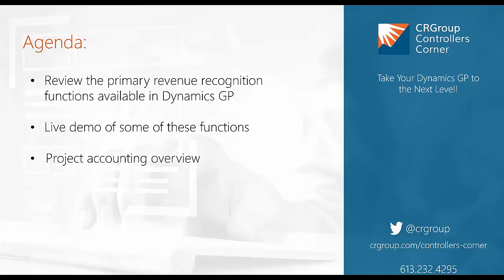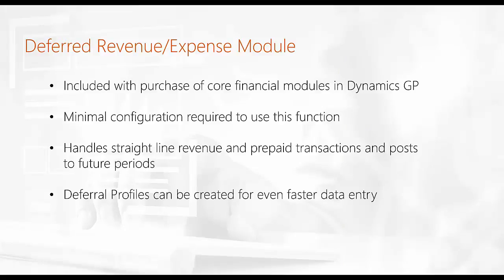So the first revenue recognition tool that's available in Dynamics GP is the Deferred Revenue Expense module, which is included with the purchase of the core modules in Dynamics GP. Once activated, the module requires very little to no configuration to get this function up and running.